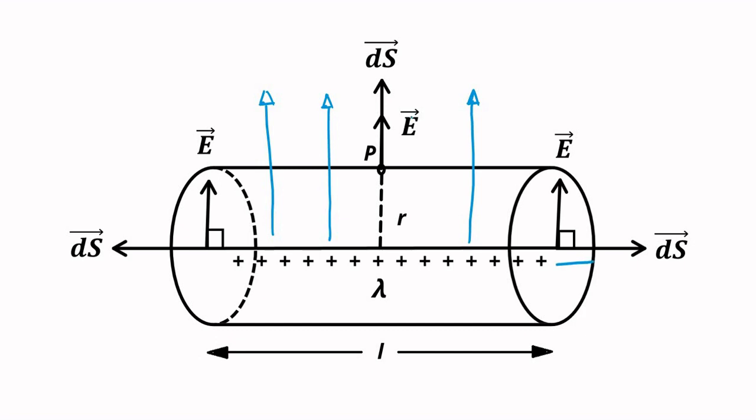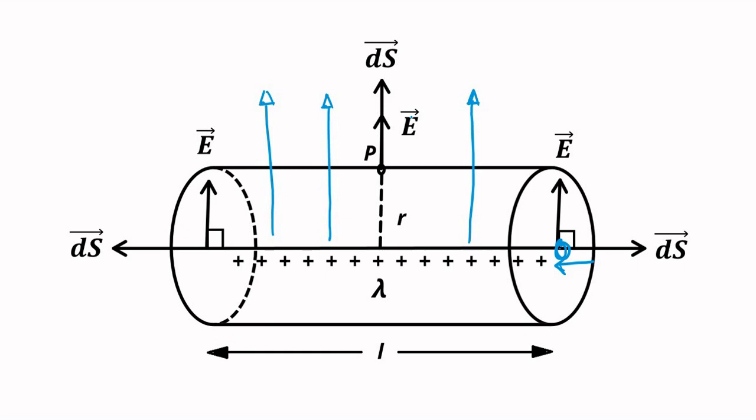So if we consider this particular point, this is the electric field, directed upwards, and the area vector at this small point, this small area dS vector, is in the mutually perpendicular direction as compared to the E vector, the electric field vector.